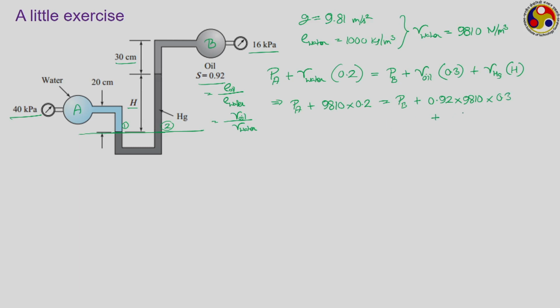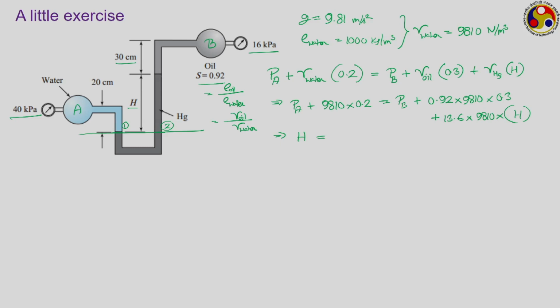Then how much is the density for mercury? The specific gravity is given as 13.6, so it is 13.6 into 9810 into H, something which you are looking to identify. So, you can take H on one side to do the rest of the calculation.